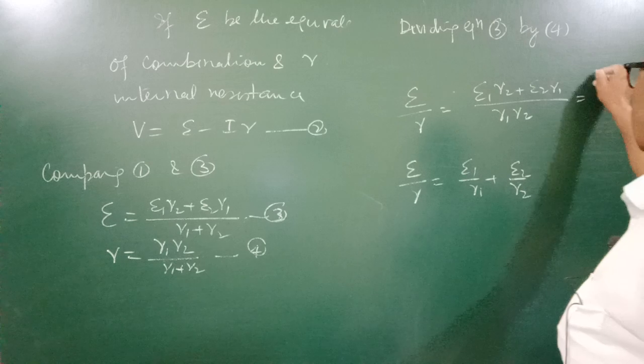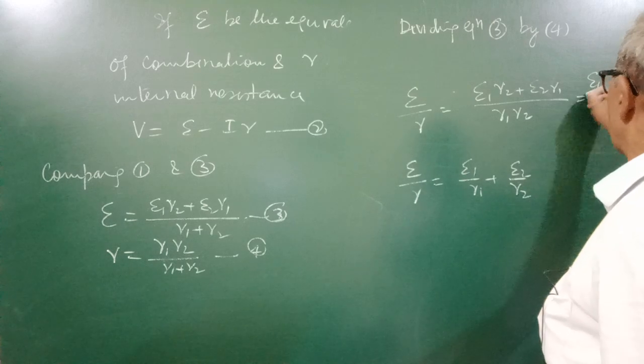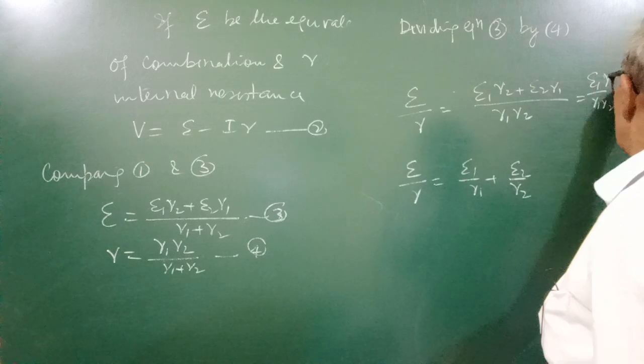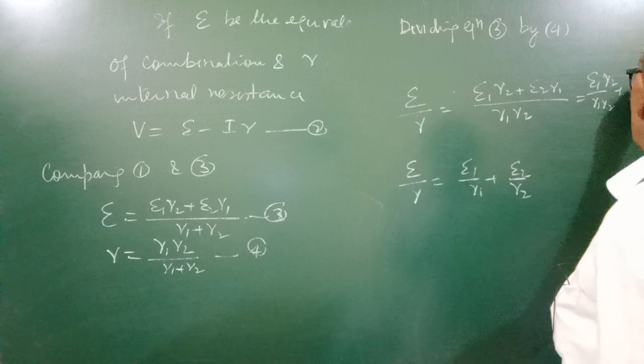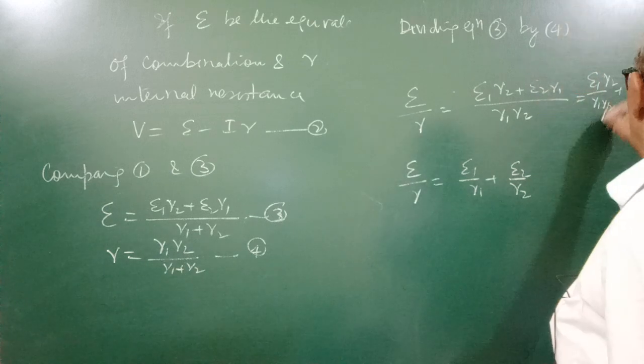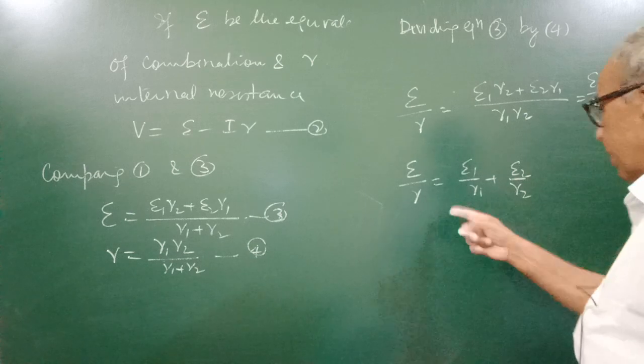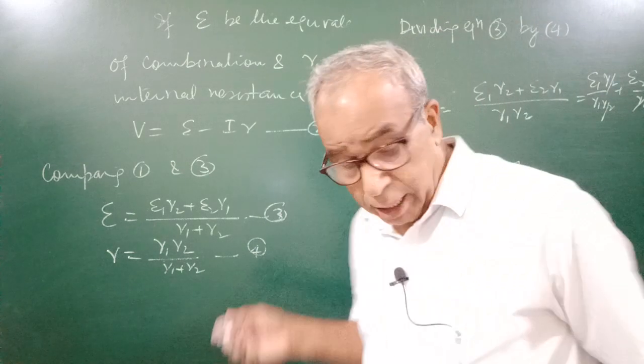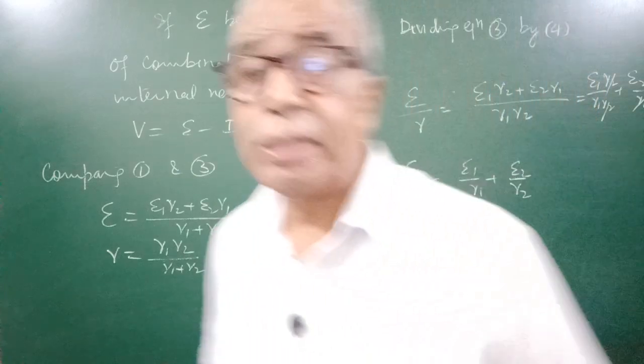We can separate this as E1 R2 upon R1 R2 plus E2 R1 upon R1 R2. This R2 cancels, this R1 cancels, we get this. So this has been done only here. The purpose is there.